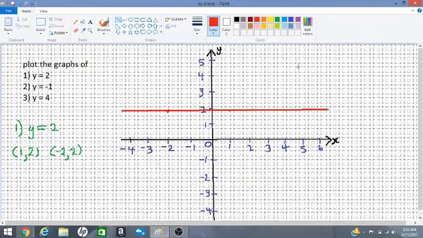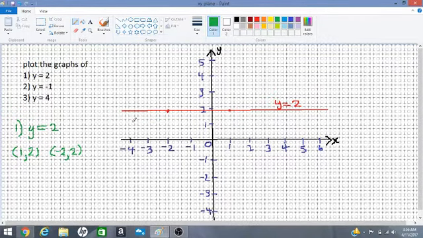So this is what the graph looks like in red. It is a horizontal line passing through y equals 2. So the equation of this graph will be y is equal to 2.